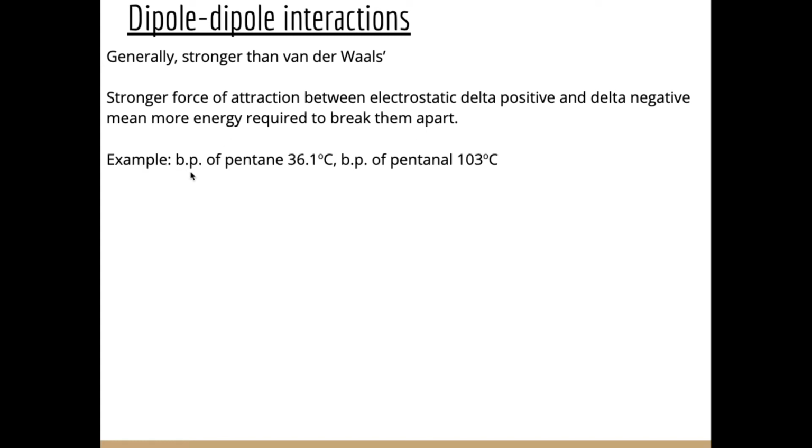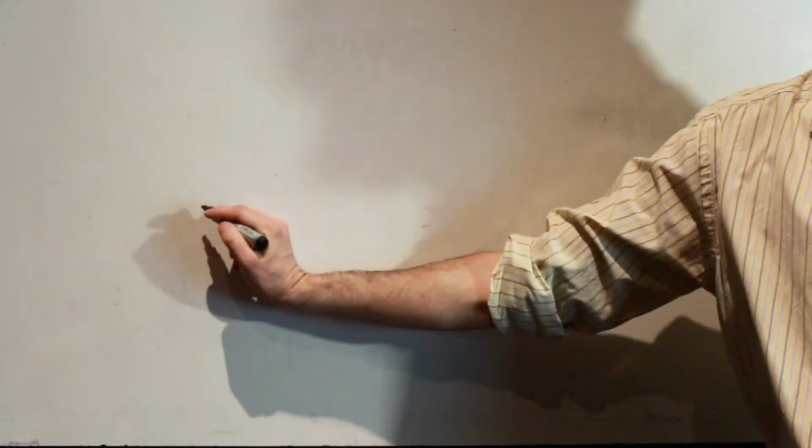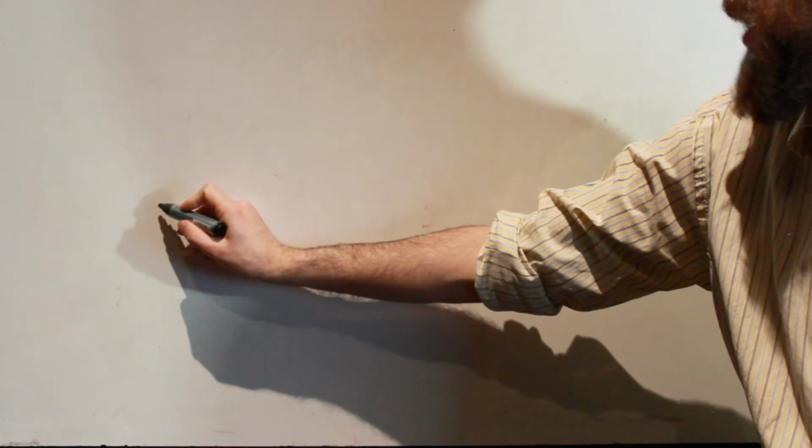And we're going to see that in some data. Example of pentane again, which has a boiling point of 36.1 degrees Celsius, and pentanal, which is a slightly different molecule, has a boiling point of 103 degrees Celsius. If I go back to the whiteboard and draw both of these, we will see this. So pentane was the same one as before.